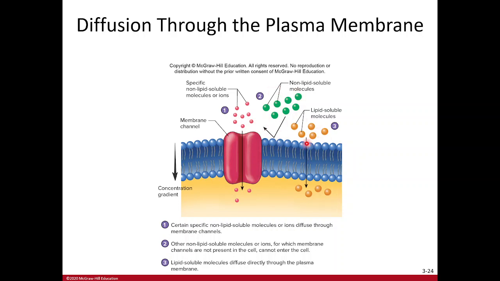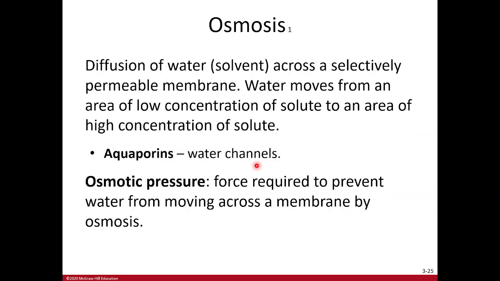Now, for lipid-soluble molecules like CO2 or oxygen or steroid molecules or lipid-based molecules, they can cross directly through the plasma membrane without the aid of a channel. So this is a case of movement of solid molecules or gases.